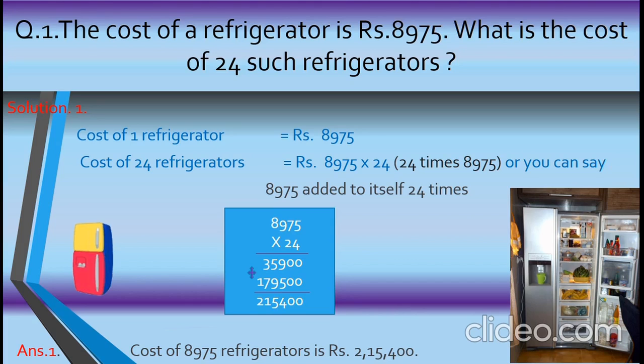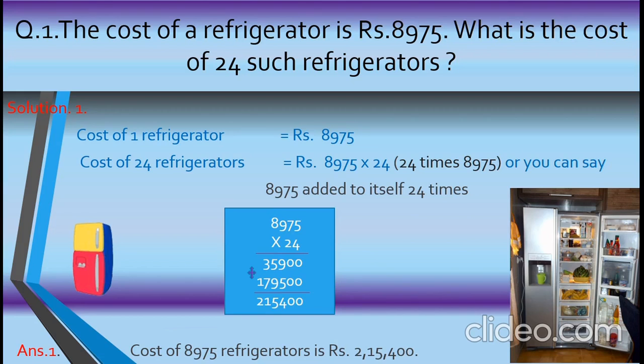So, in this question, or like this in other word problems, you will have two types of sentences. First type is the sentence of information. Second type is the sentence of question. So at first you will focus on the sentence of question. In this example, what is the cost of 24 such refrigerators?